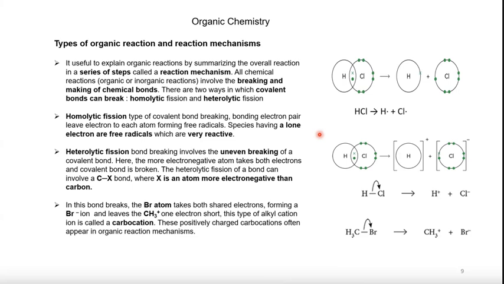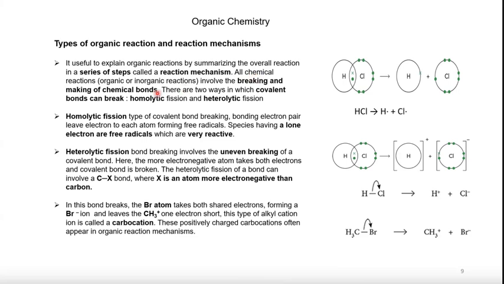So it is useful to explain organic reactions by summarizing the overall reaction in a series of steps, and that series of steps together we call the reaction mechanism.